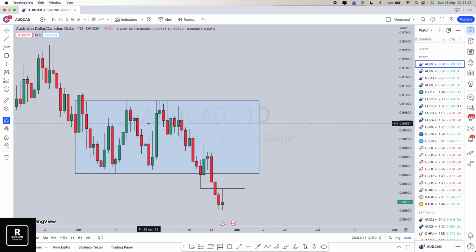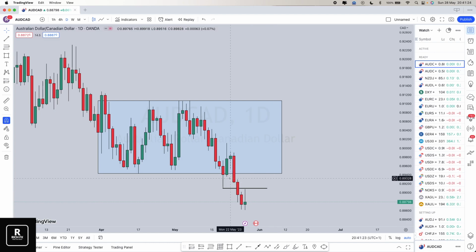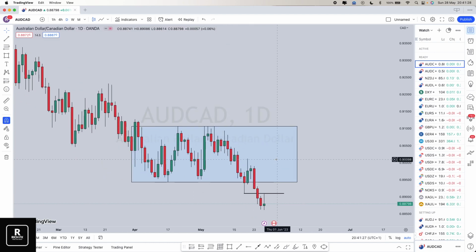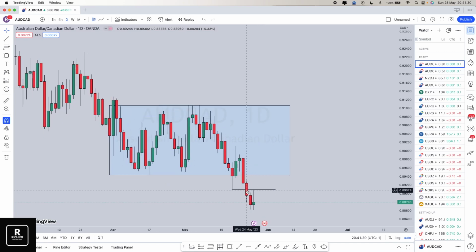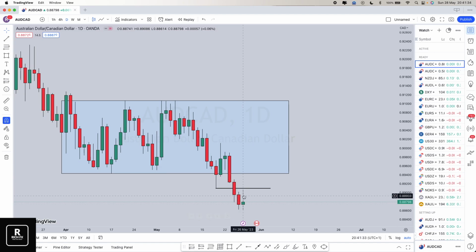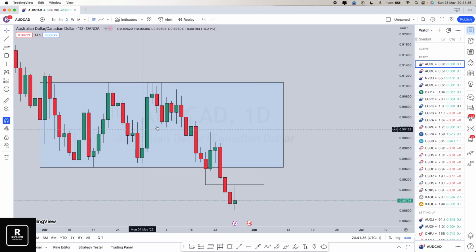But with current price action, which is over here, this is what we're currently looking at. We're still looking for sells unless price decides to break above this area over here. But for the time being, we're still looking for sells. So again, it has broken the low, and we're looking for a retest. This blue box is my consolidation box from the previous week, and I actually got in on a trade for the breakout of the box itself.